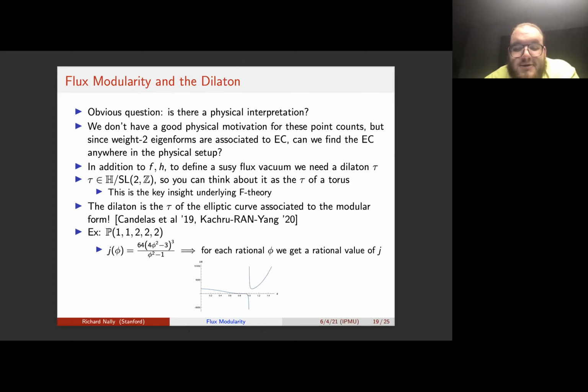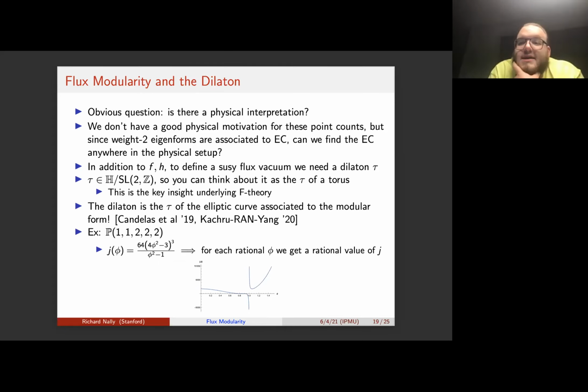So there's an obvious question at this point, which is, what's the physical interpretation of everything I just told you? While I wish I could tell you the answer, I don't know. I don't have a good physical motivation for computing point counts. But since these same weight 2 eigenforms are associated to elliptic curves, maybe a good starting point is finding the associated elliptic curves somewhere in the geometry of the string theory.